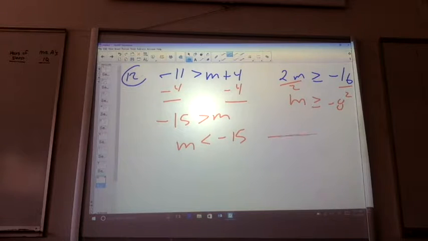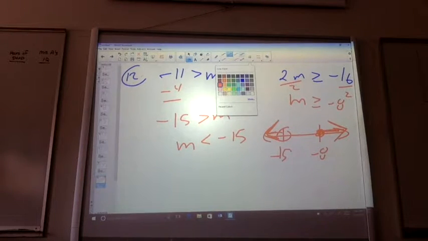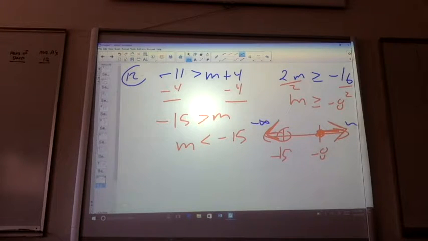Again, if we're looking at an OR situation, let's take a look. I got negative 15 here. I got negative 8 here. So I want values doing this and values doing this. And again, I'm just using the number line so I can guide it. Out here's negative infinity, out here's positive infinity.